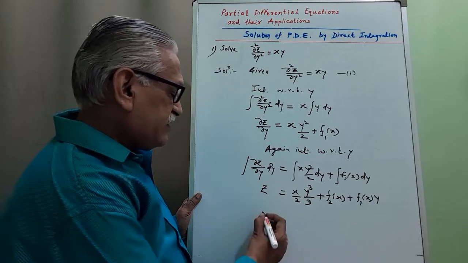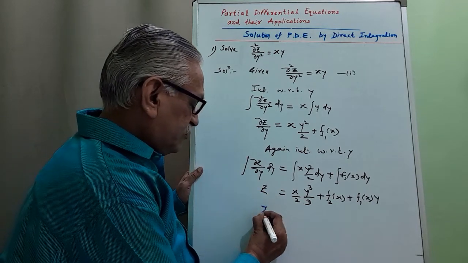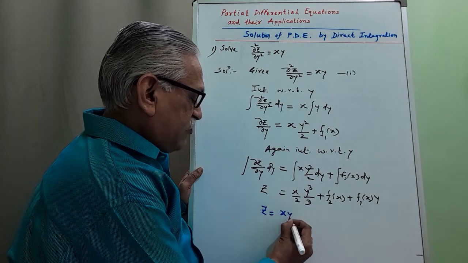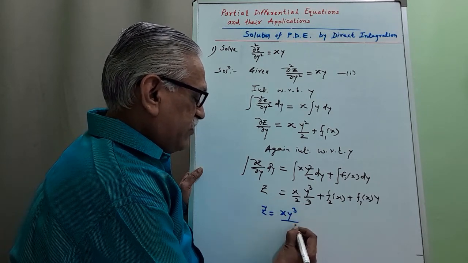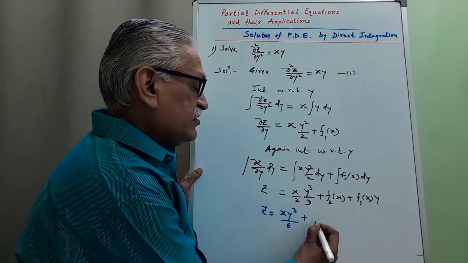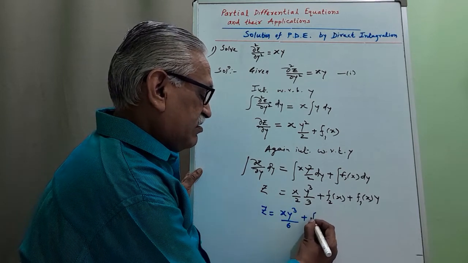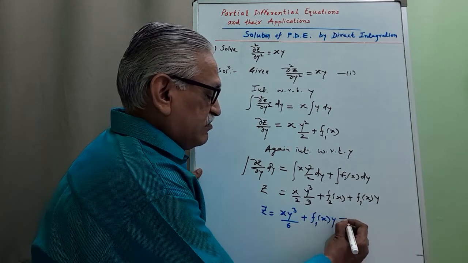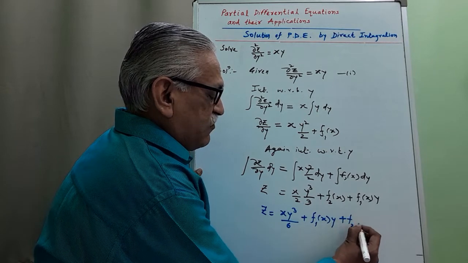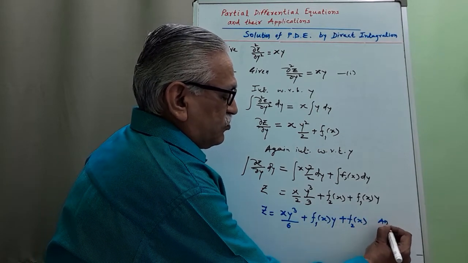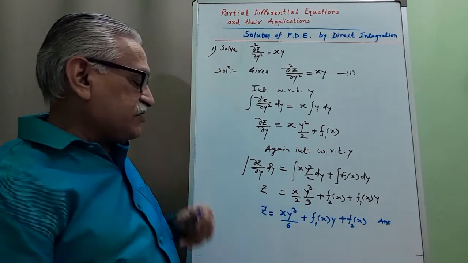Therefore we get z = xy³/6 + f1(x)·y + f2(x), which is the required solution or required answer.